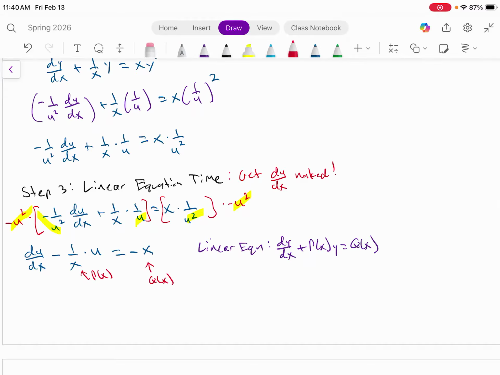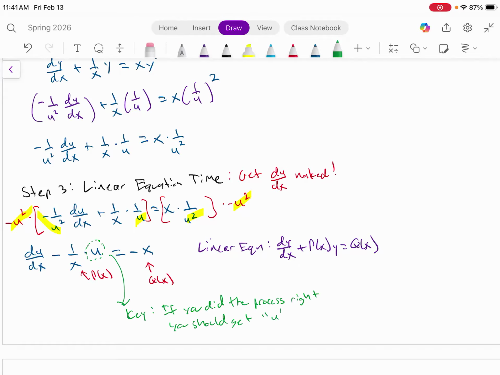So one thing that always is a good indicator that we're doing this right is this power of u right here. So let's make a note of that, like, key. If you did it right, you should get just the single power u to the first power.